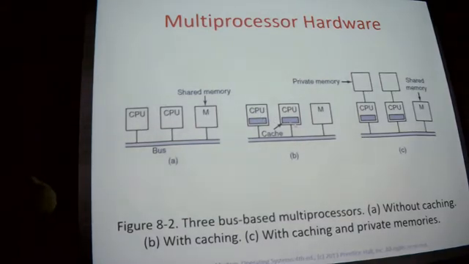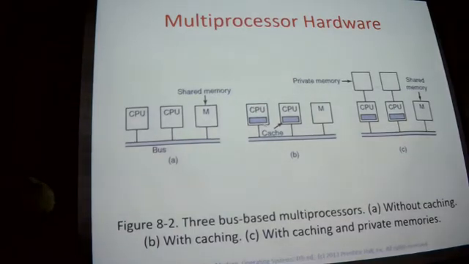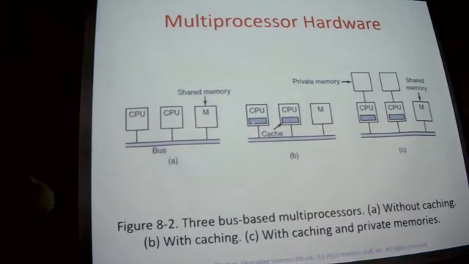If the data is there, it gets it. On the contrary, if the data is not in its own cache, this CPU has to fetch the data from the memory to cache. From memory to cache.